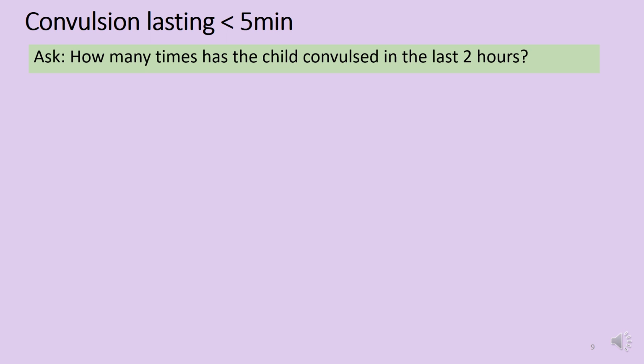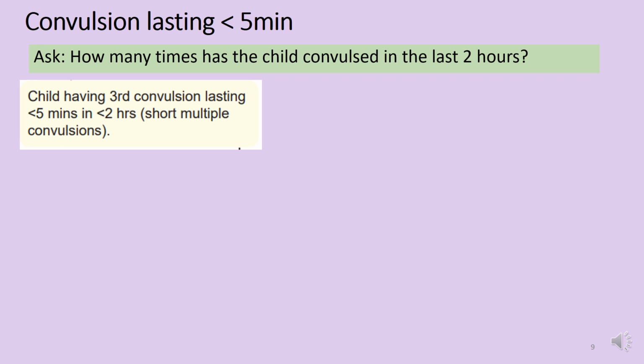There are other children who will present with convulsions, but their convulsions are lasting less than 5 minutes. What do we do with them? In these kinds of children, you ask, how many times has the child convulsed in the last 2 hours? The caregiver or the mother will usually let you know. So, a child who has convulsed severally, but each convulsion has been lasting less than 5 minutes.